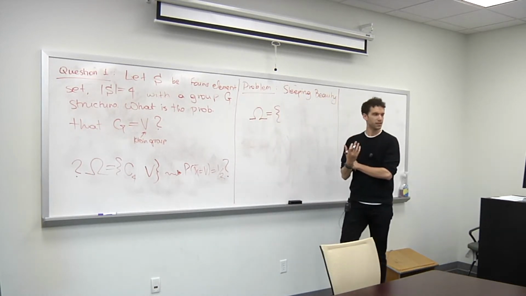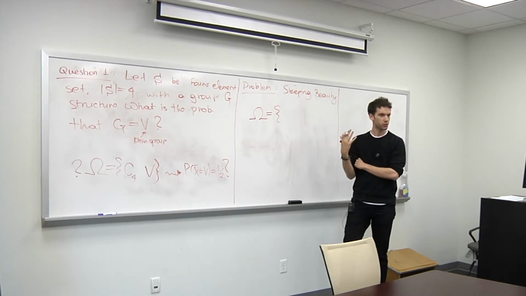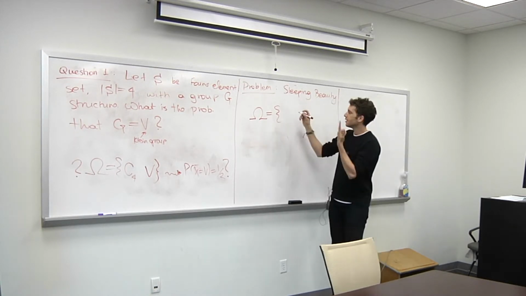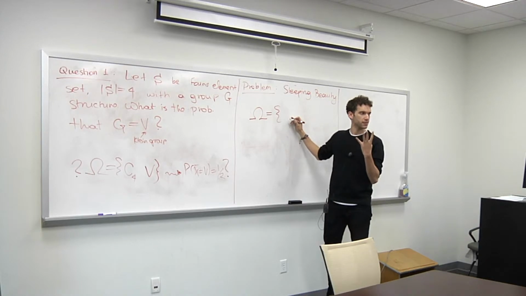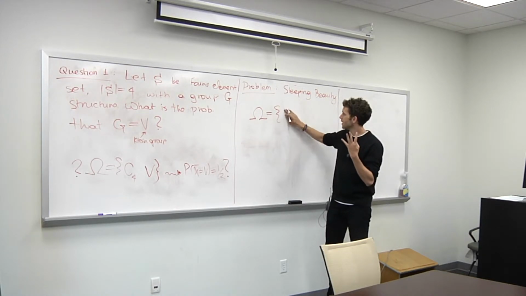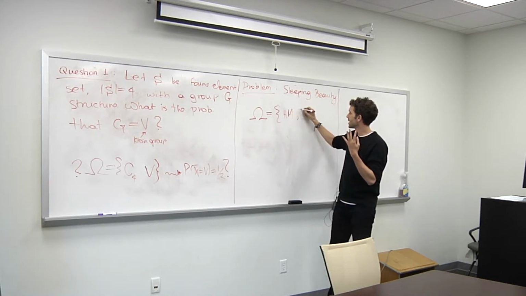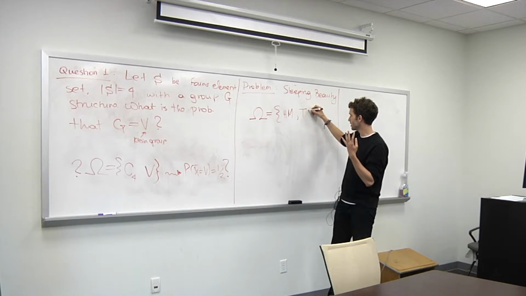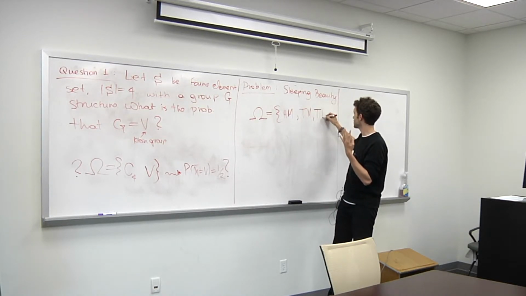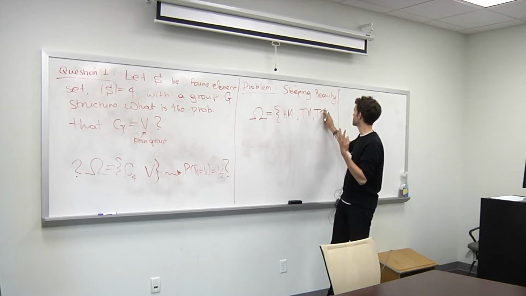Let me describe in terms of a sample space what the perplexion is supposed to be. There's three events that take place. Either the coin lands heads and Sleeping Beauty gets woken up on Monday, or the coin lands tails and Sleeping Beauty gets woken up on Monday, or the coin lands tails and Sleeping Beauty gets woken up on Tuesday, say TT.